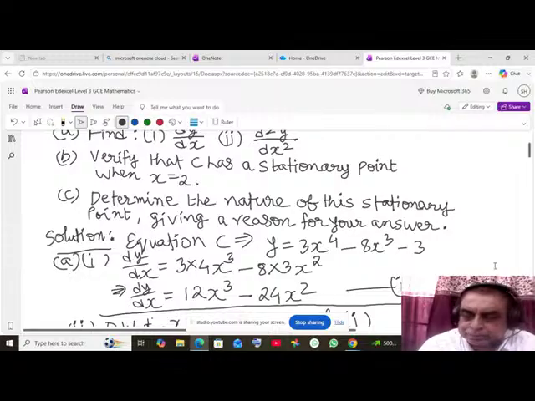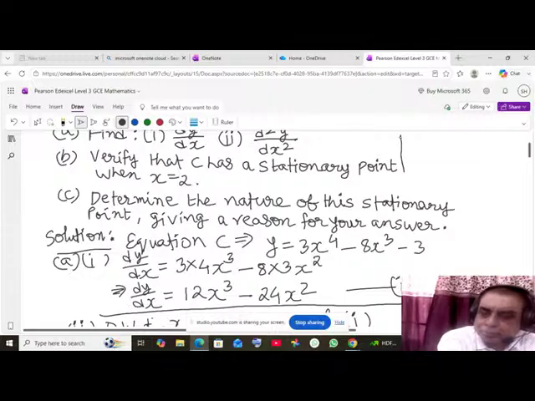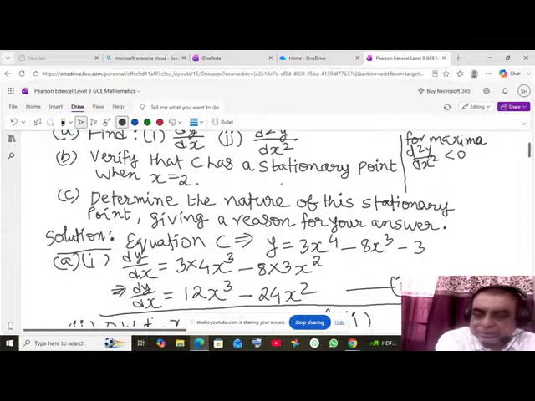So remember it. I am writing here for explaining. Remember this point. For maxima, the d squared y by dx squared value becomes less than 0 for that point, whatever is the x coordinate.